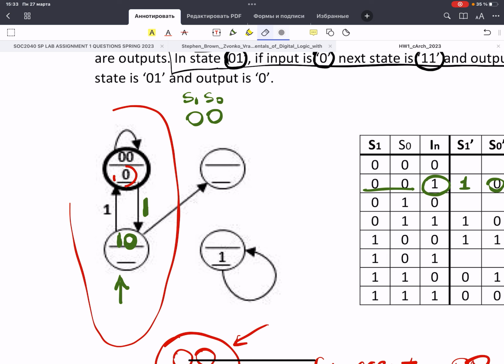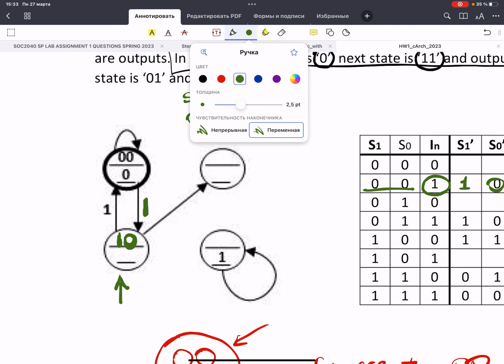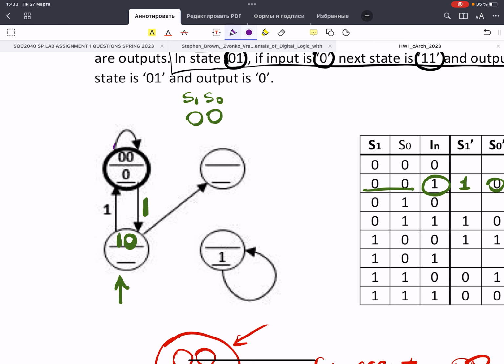Let me delete this one and change the color. Now here we have the next input again. We know that for 1 the next state is already identified, so only 0 is left. That's why I'm going to write 0 here.